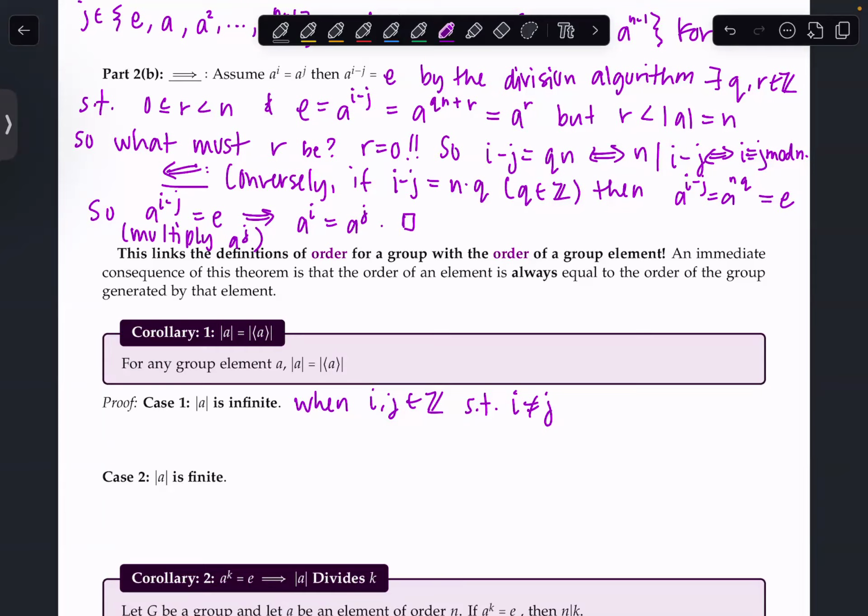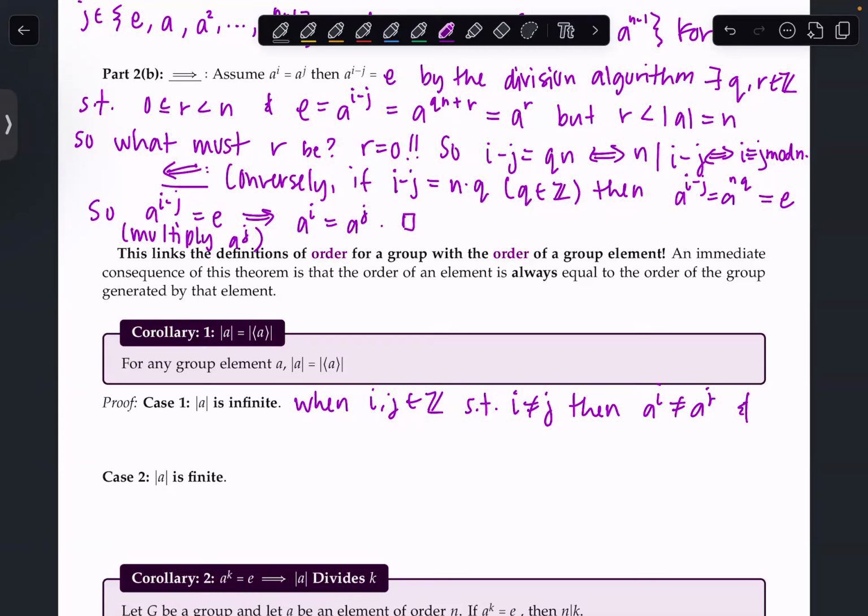So if I think back in my theorem, when my order is infinite, what do I know about the powers of a to the i and then a to the j? If these are not equal to each other as powers, what does that tell me? These cannot be equal to each other unless the powers themselves are exactly equal to each other.